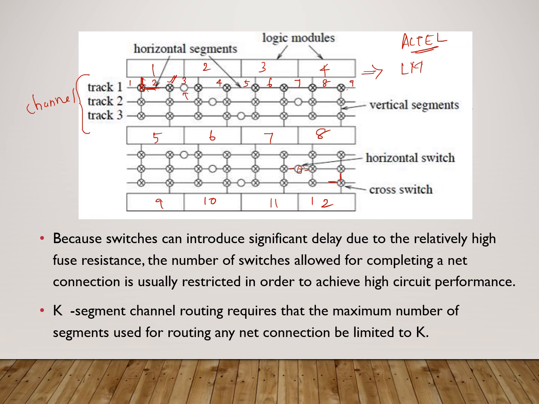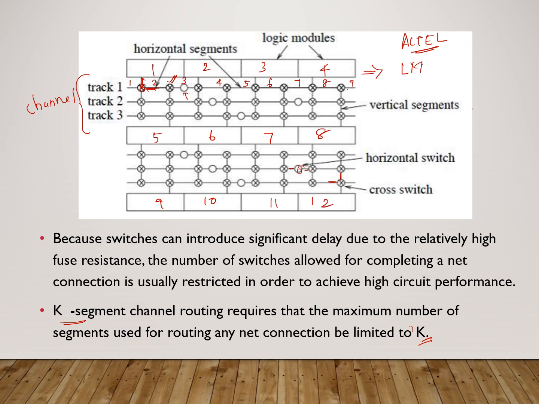See here, the K-segment channel routing method gives the information that the number of segments used to connect two blocks must be at most K. Again, I'm telling you, K-segment channel routing means the connection between two blocks or components is restricted to a maximum of K segments, right?